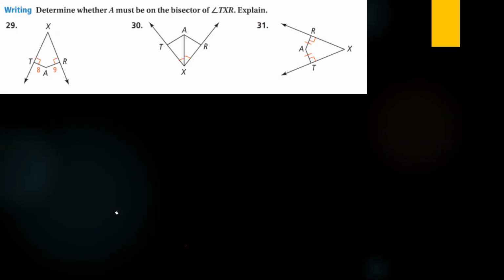So let's write the answer now. Miss, I wrote since TA is not equal to RA, so point A will not be on the bisector. So let's write it as number 29 here.